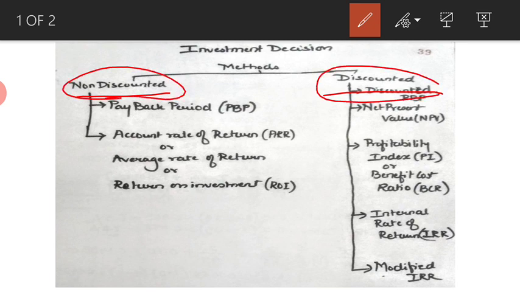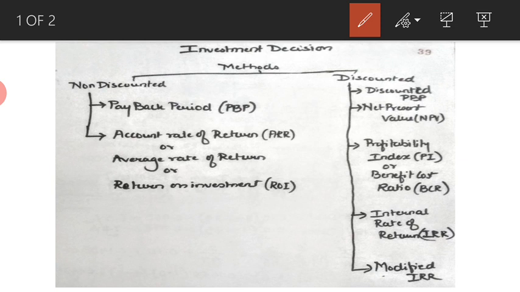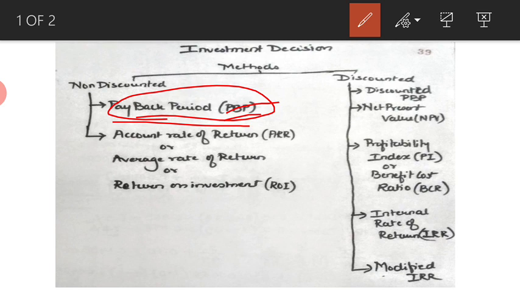So let us understand what are the various non-discounted methods. The first one is payback period. Briefly I'll just explain what these methods are. Further, when we are solving problems, we'll be understanding these methods in detail. Payback period is the period within which you get back your investment, in simple words. The period that is required to get back the amount that you had invested is called payback period. It is also called PBP.